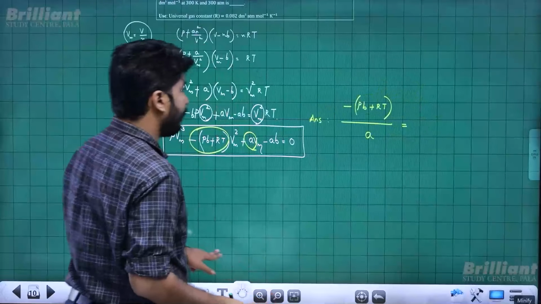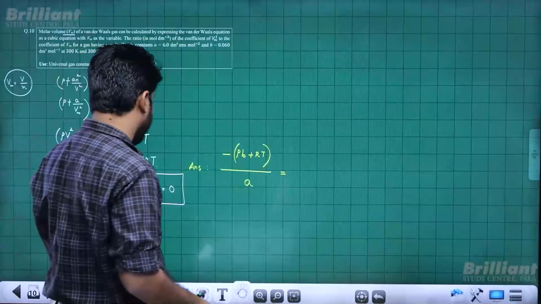Clearly, the values are given for every term here. P is given as 300 atm.